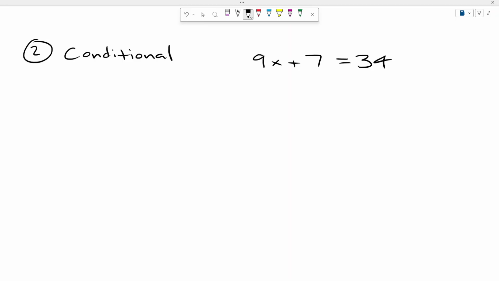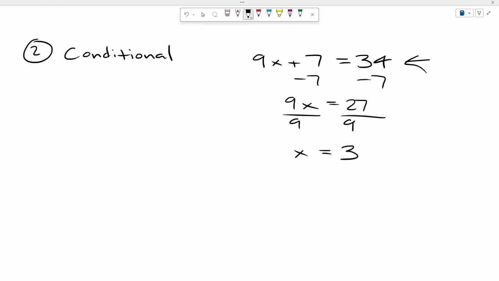Well, if we solve this out, minus 7 both sides, so we have 9x equals 27, and divide out 9. And we're simply left with x equal to 3. So we came out with one answer in our solution set, one answer that works for this particular equation.